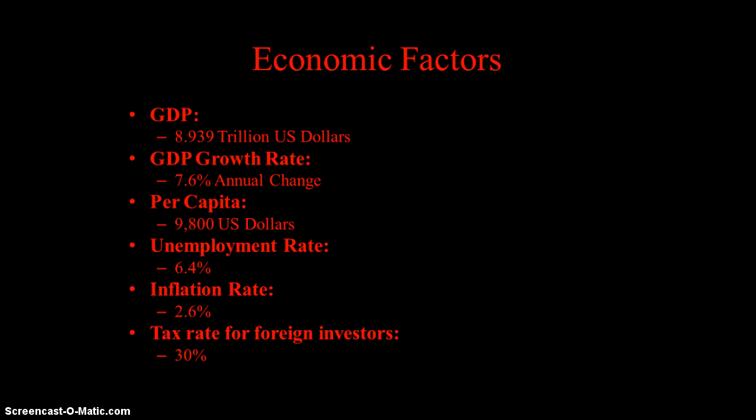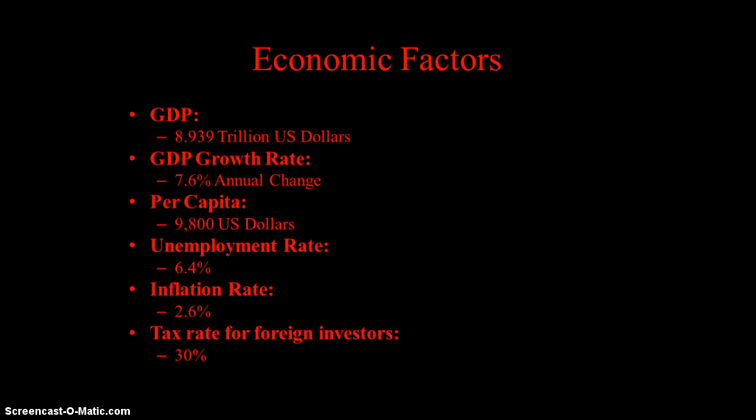Moving on to the economic factors of China, the GDP is ranked number 14 on the world scale at 8.939 trillion US dollars. The GDP growth rate is ranked 14th at 7.6% annual change. Their per capita GDP is ranked 120th on the world scale at 9,800 US dollars.